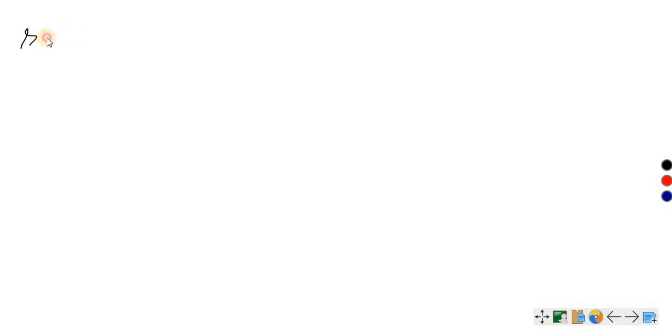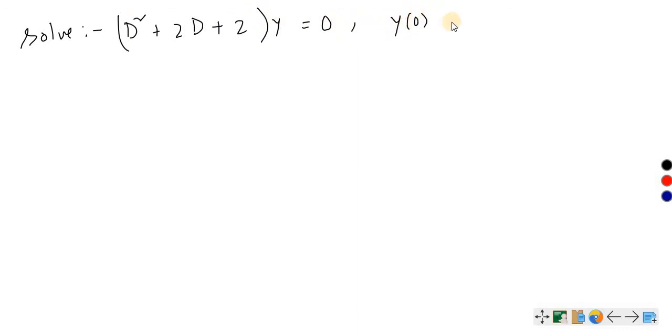Suppose we have the question: solve (D² plus 2D plus 2) y equals 0, provided that if x equals 0, then y will be 0, and y dash, the first order derivative, when x equals 0, is equal to 1. So these are the two conditions given to us.